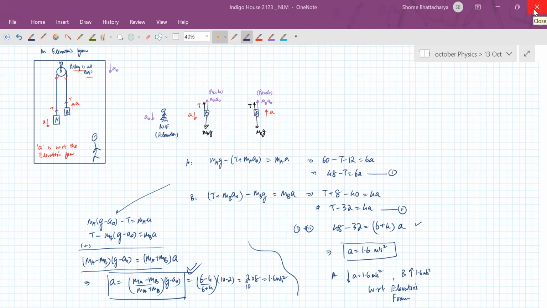Yeah, yeah, that's what I was saying. Just substitute A in equation 1 or 2 above and you'll get the tension, whichever one you want. For example, it is 48 minus 6A, or the same thing as 32 plus 4A. Yes, and that is correct.